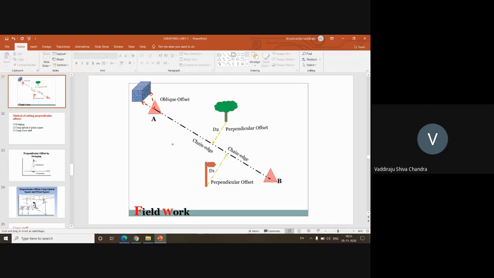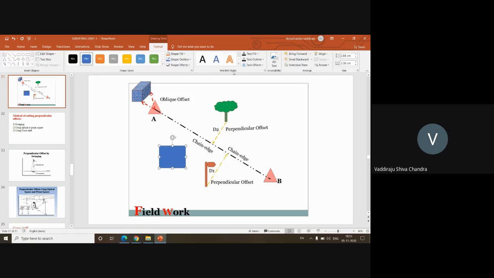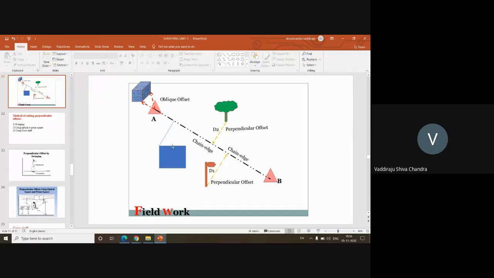Suppose this is your building, then you need to measure the distance from here to here. Similarly, you need to measure the distance from here to here. So these outer boundaries of your objects are obtained only with the help of offsets. So offsets are very, very important and basic things in chain surveying.